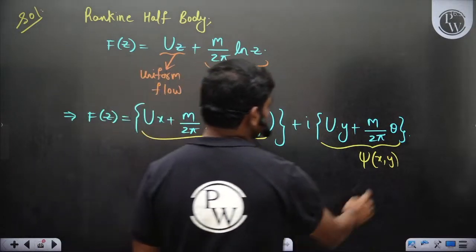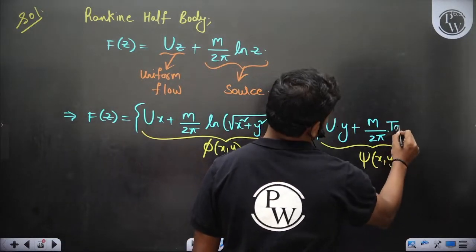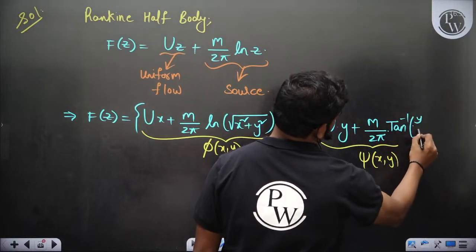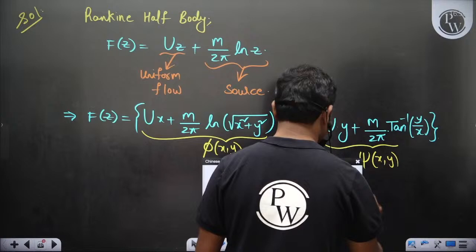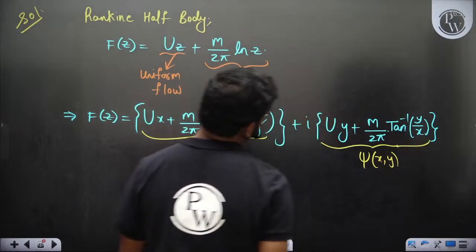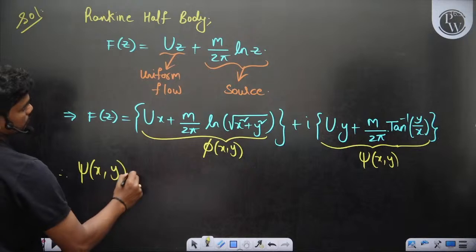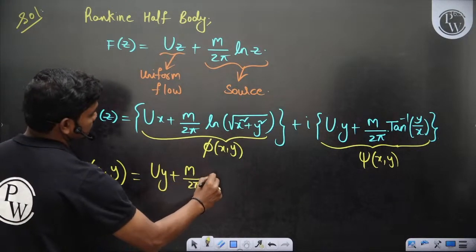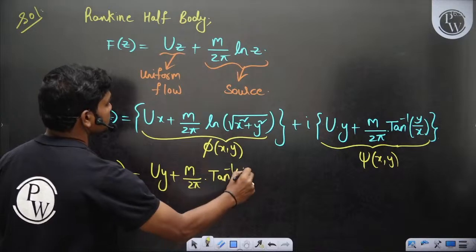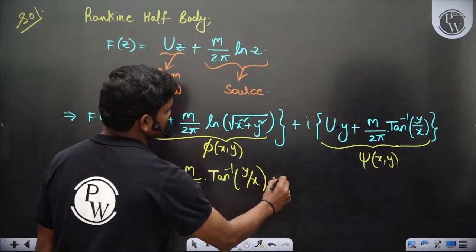Okay, so instead of theta you can write tan inverse of y by x. Okay, so psi of x comma y is equal to uy plus m by 2 pi tan inverse y by x. So along a stagnation streamline, this psi has to be 0.